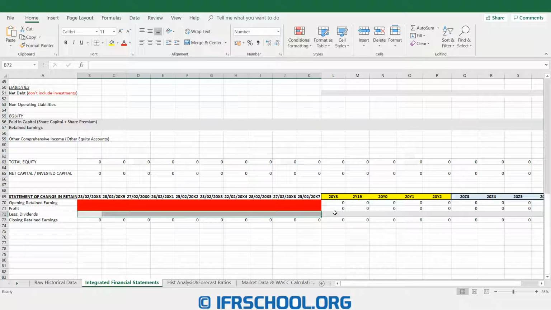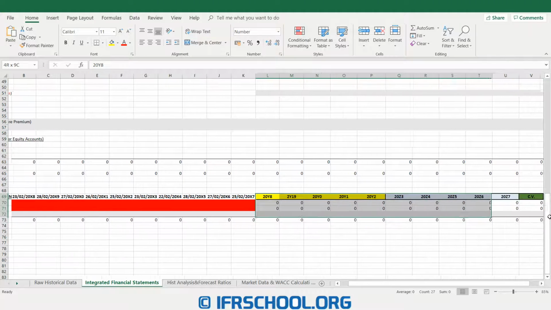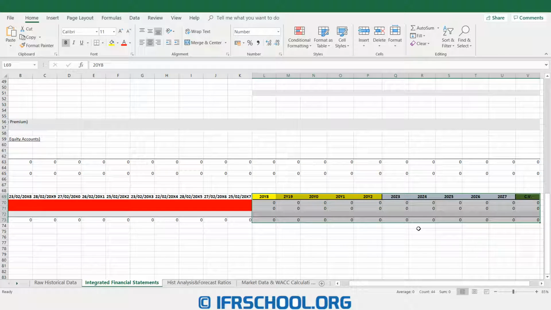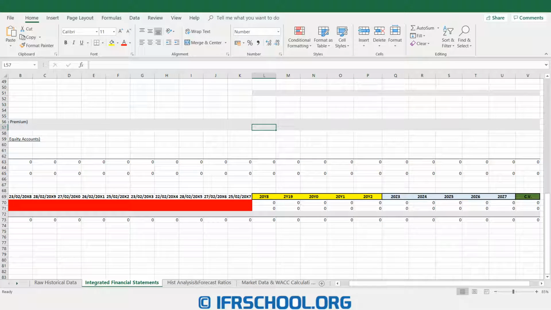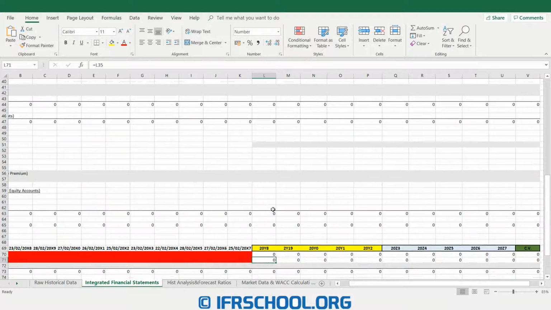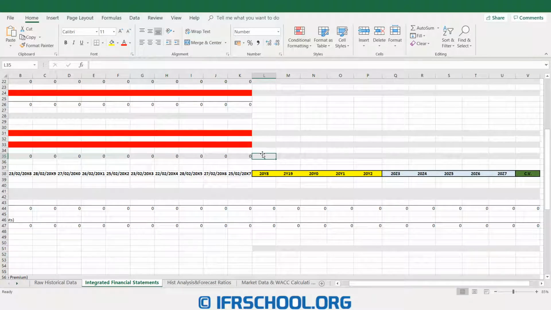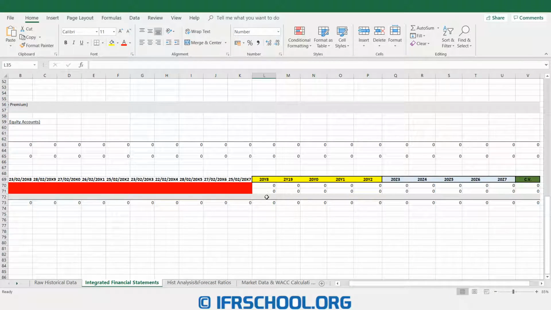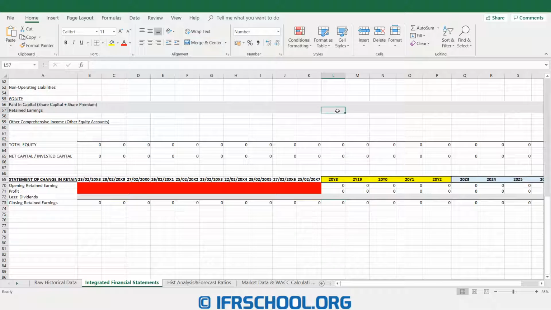The retained earnings figure over the forecast period is derived from this reconciliation. The retained earnings figure will be derived from opening retained earnings plus income from the company's income statement figure less the expected dividend payout will give us the closing retained earnings figure for that year, which will populate in the integrated financial statements.